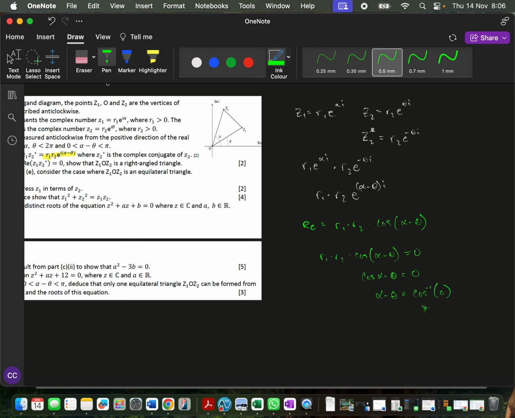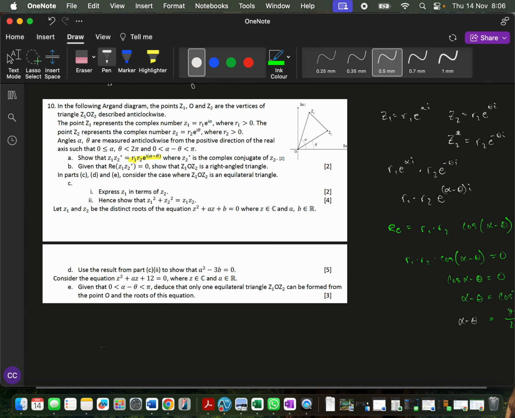And the arc cosine of 0 is pi over 2. So that means the angle in between those two complex numbers, alpha minus theta, is pi over 2, which is 90 degrees. We've got a right triangle. That is very doable.